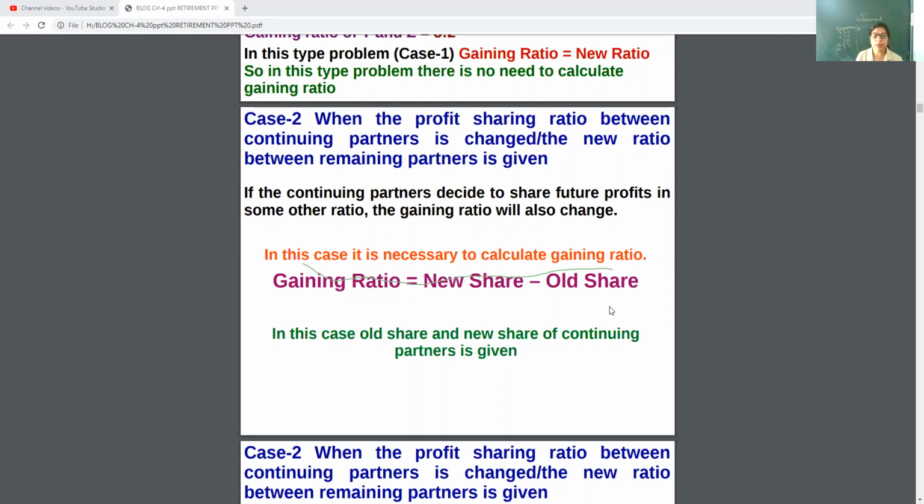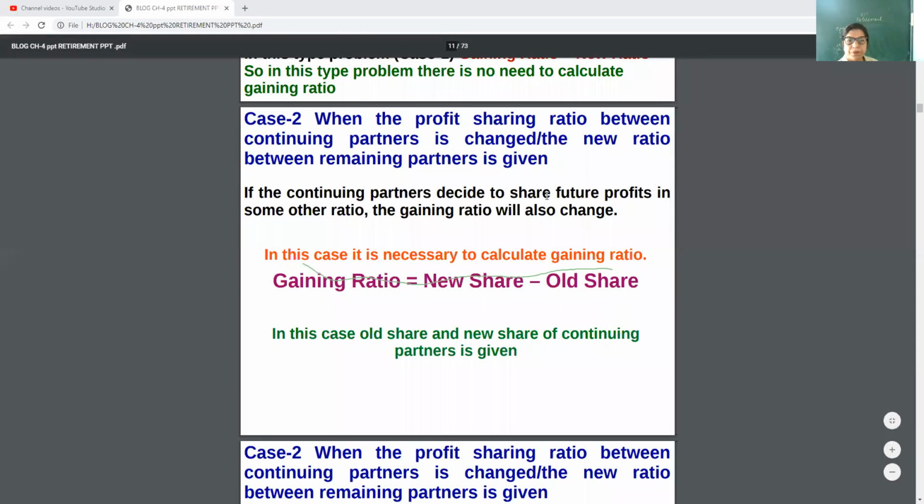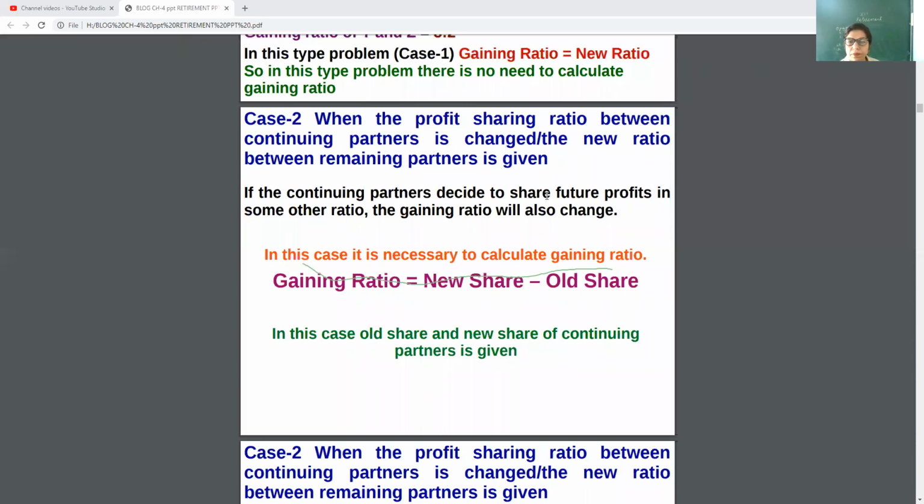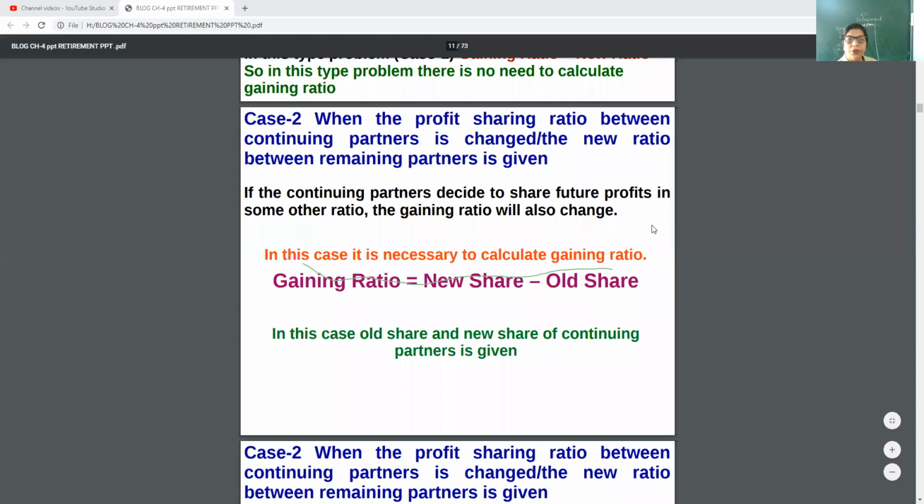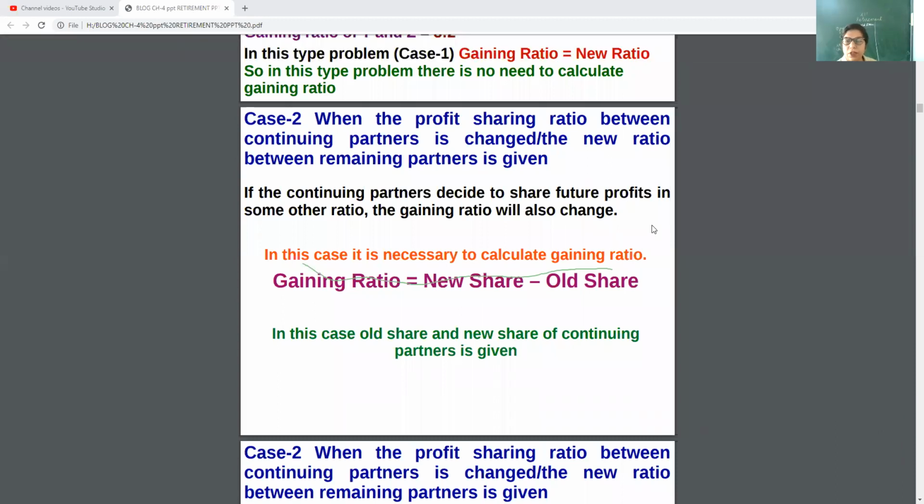In the second method, old and new, both ratios are given. So in case 2, old and new are both given. This is the second method, my dear children.